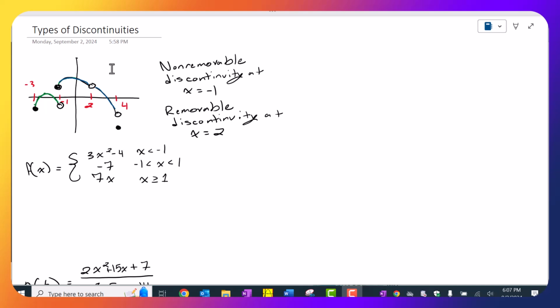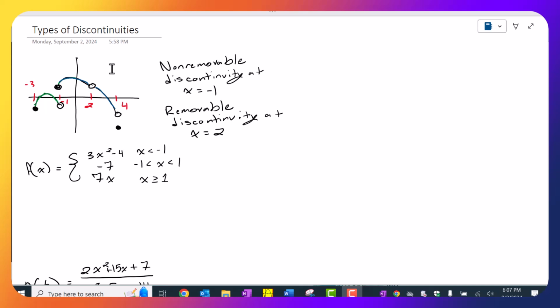And then the only other one we have to talk about is at 4, which really I should add a little bit more to this graph. I should do this as well. There we go. That makes it a little more proper. Actually, no, I'm sorry, that doesn't make it proper. I'm taking it back.